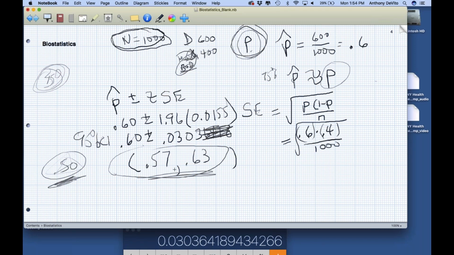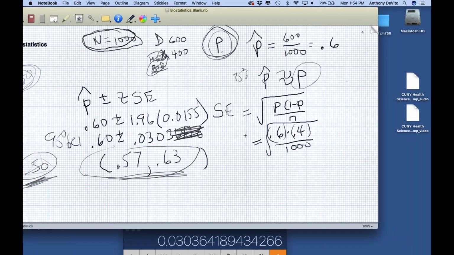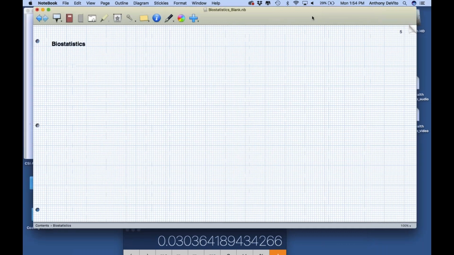Everybody fairly comfortable with that? Okay, now we're going to take that a step further, and that step is comparing two proportions or two means, two populations. So far we're only dealing with one population, one group.